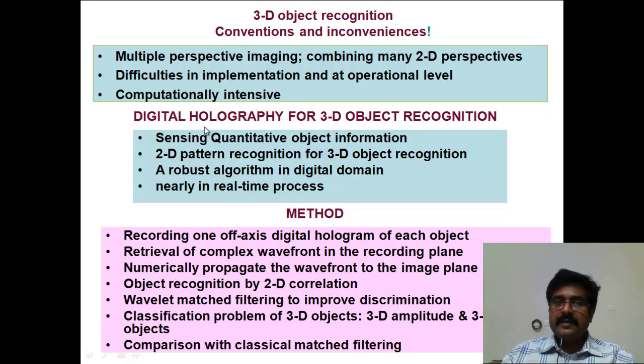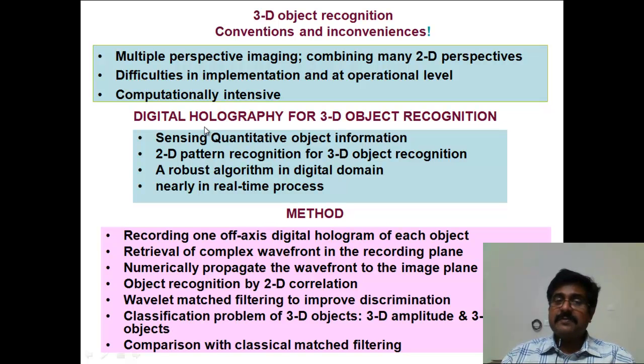Conventionally, three-dimensional object recognition is done using multiple perspective imaging, or combining many two-dimensional perspectives. For this, several cameras are required in various directions to image various perspectives of the 3D object, and from this information, process and get the 3D information.